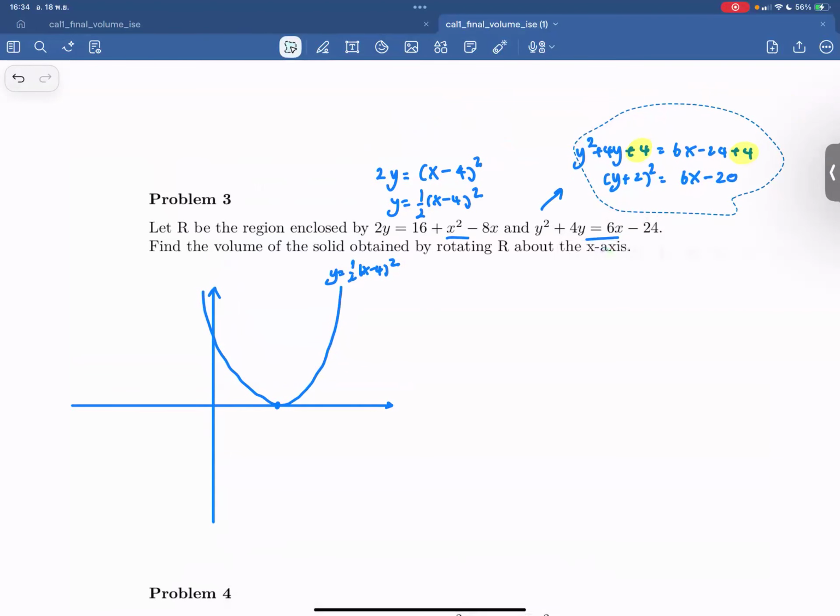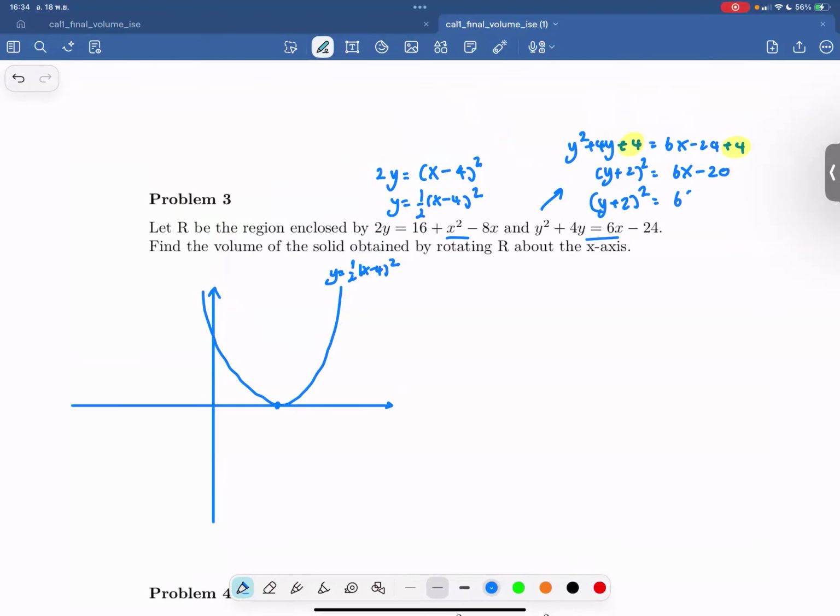I should pull 6 out, and then the vertex should be 10 over 3 and then minus 2. 10 over 2 supposed to be like this.